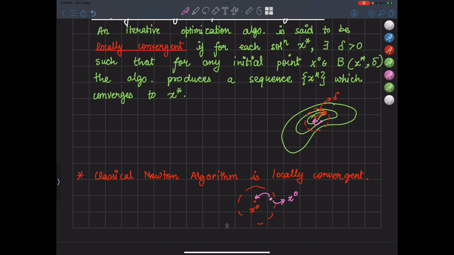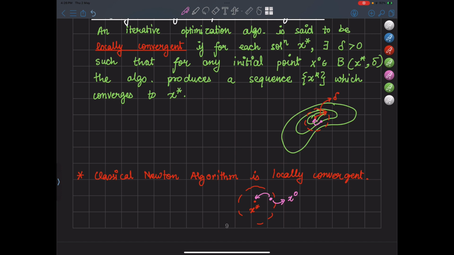So this is one of the results, that the classical Newton algorithm is also locally convergent. There is a proof for this result, but we're not going to do the proof of this, we'll just use it as a result now.